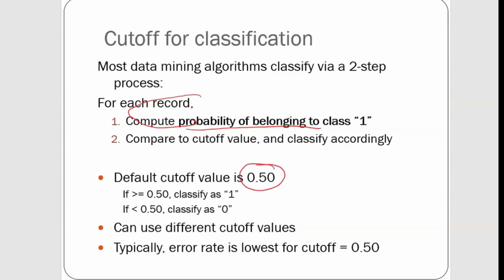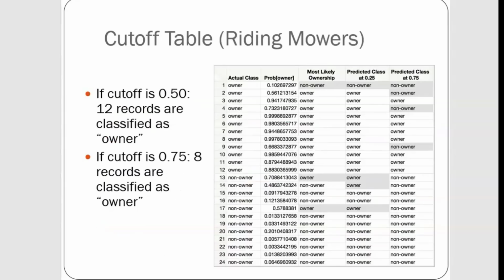Any record with a probability score above that cutoff value is classified as class 1, and any record with a score below the cutoff value is classified as class 0. Usually 0.5 is the most commonly used cutoff, but we can try different cutoffs, and often this choice is based on what our business question might be.